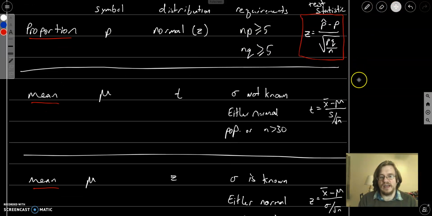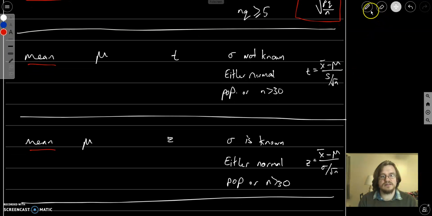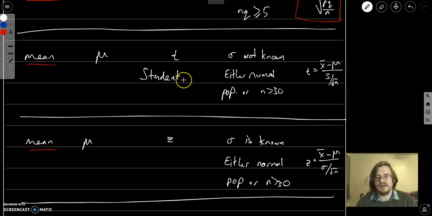When we are looking at means, on the other hand, if we do not know the population standard deviation, our mean is going to come from the t distribution. So this was the student t distribution, because we can't assume that it follows the normal distribution.